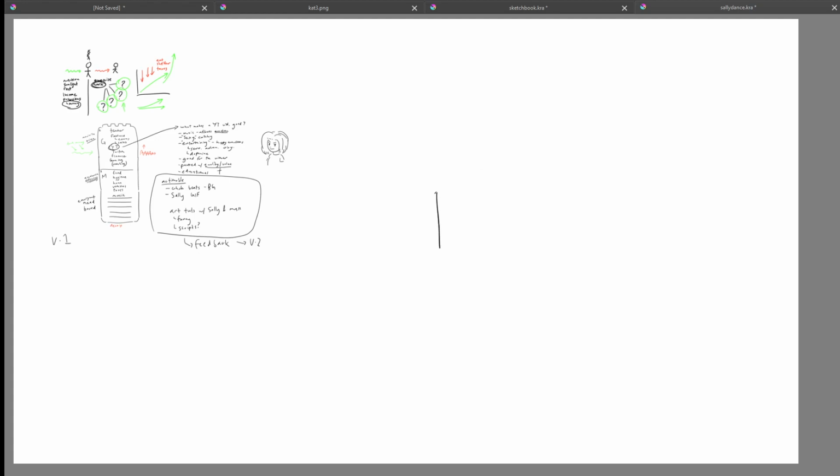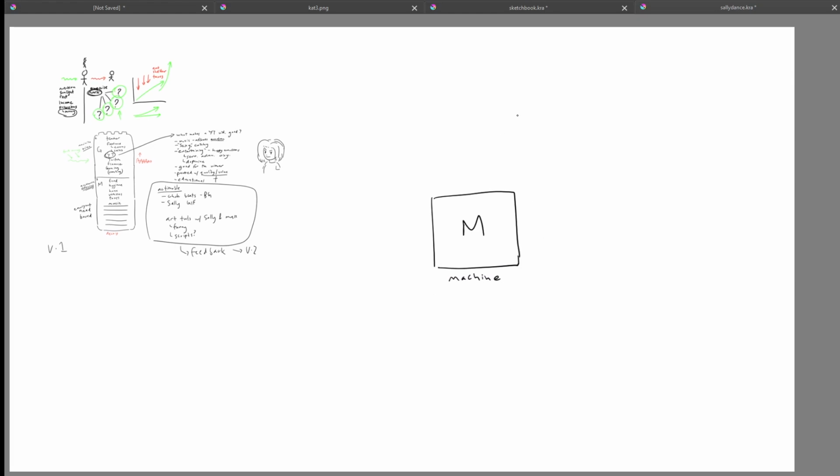Instead of an engine or a human, I'm just going to call this M. M just stands for machine, and I love the idea of calling it a machine because there is a concept called a Turing machine, which can basically do anything.